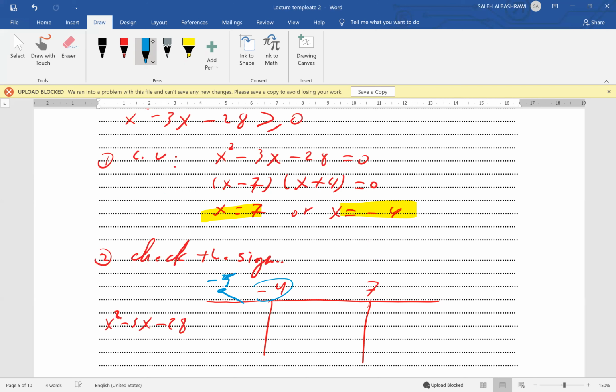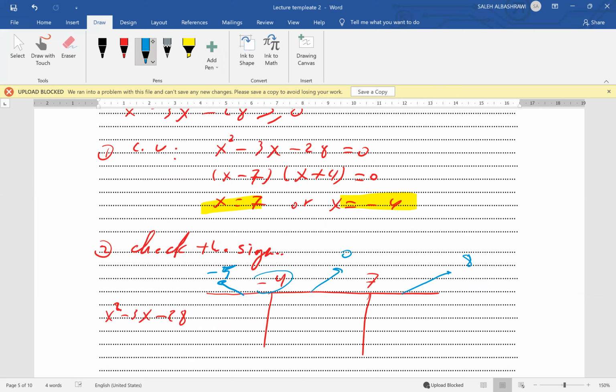Between minus 4 and 7, I'm going to choose 0. Greater than 7, I will choose 8. You can choose any number greater than 7, 8, 9, 10, whatever. I have 3 intervals. I will choose one testing value for each interval.